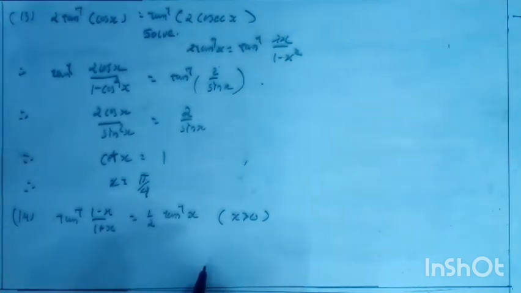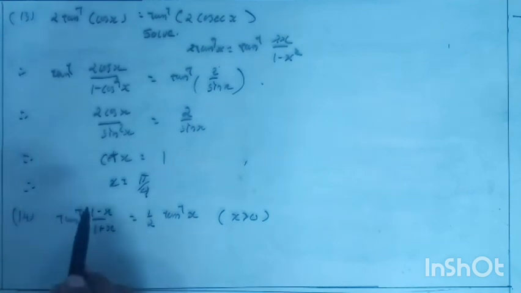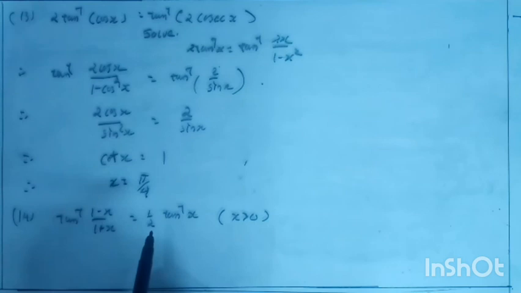In this type of question, to get the value of x, take this side, so we get 2 tan inverse 1 minus x upon 1 plus x, and apply the same formula for this. We get tan inverse 2 times 1 minus x upon 1 plus x upon 1 minus the square of these terms. From both sides tan inverse cancels and we get terms of x on both sides. Simplify this, get the value of x. Just try to solve this yourself.